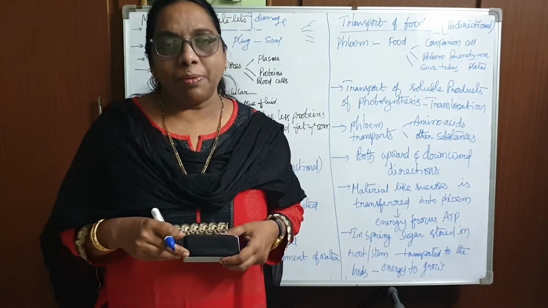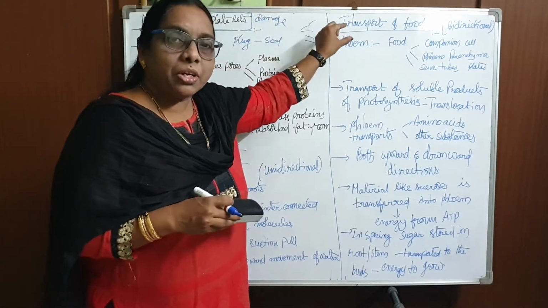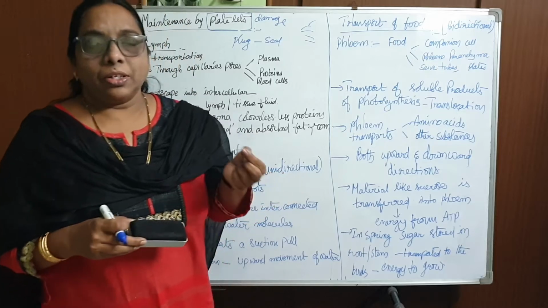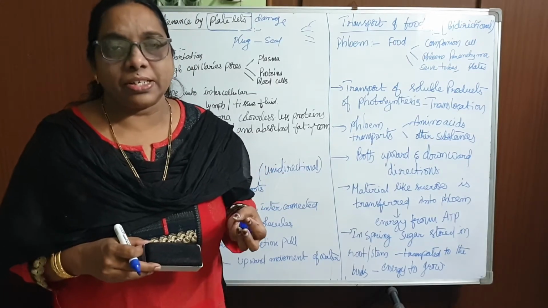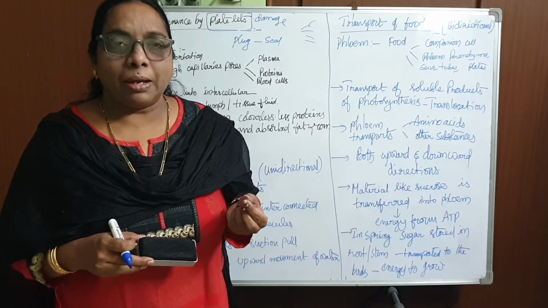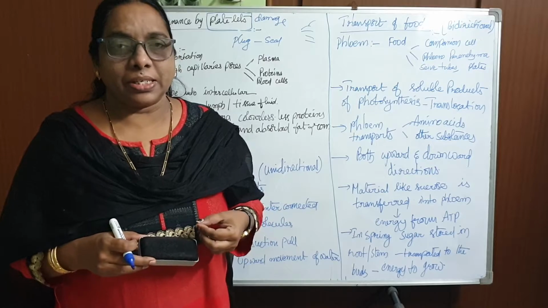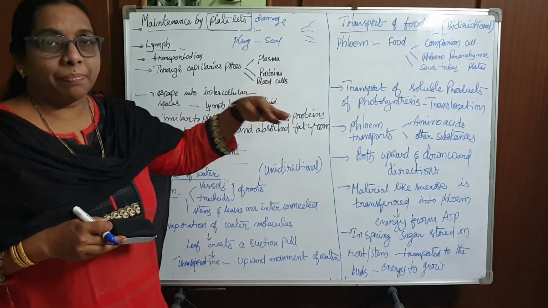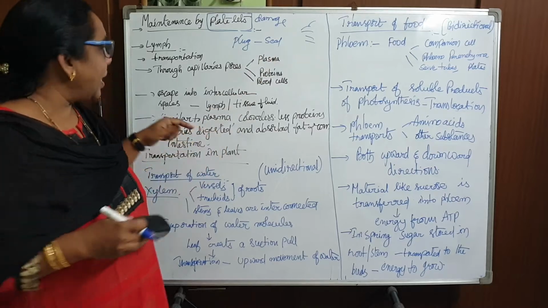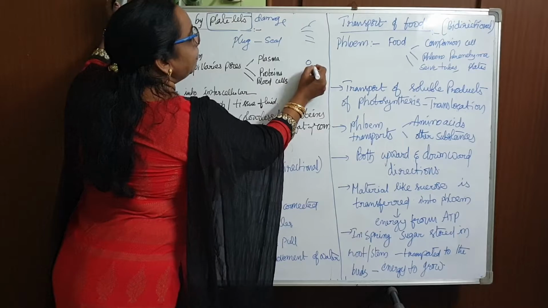How is this lymph formed? From the capillaries, when the blood is distributing to the cells. As the capillaries are porous in nature, a little amount of the plasma, a little amount of the proteins, and a little amount of the blood cells escape, they come out into the spaces in between the cells.